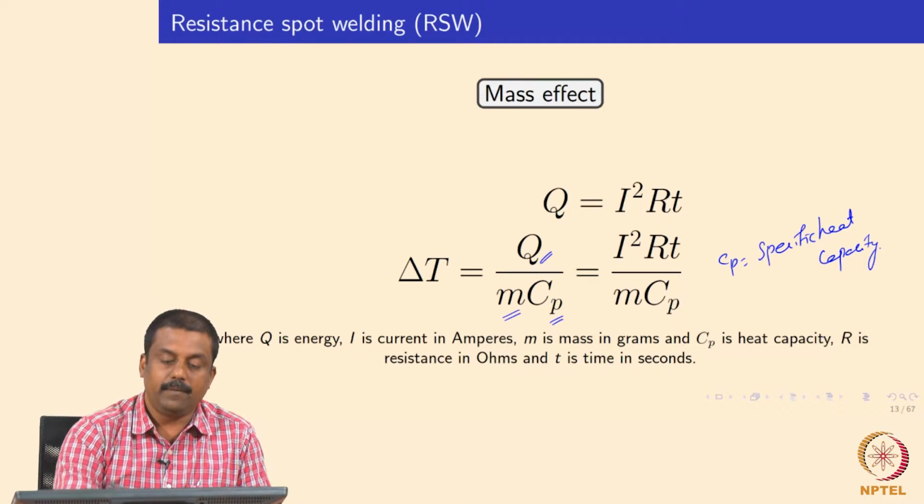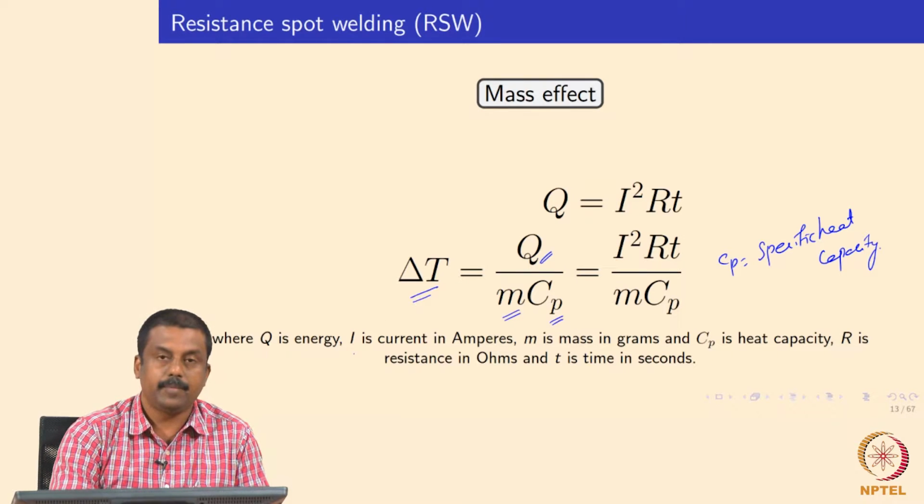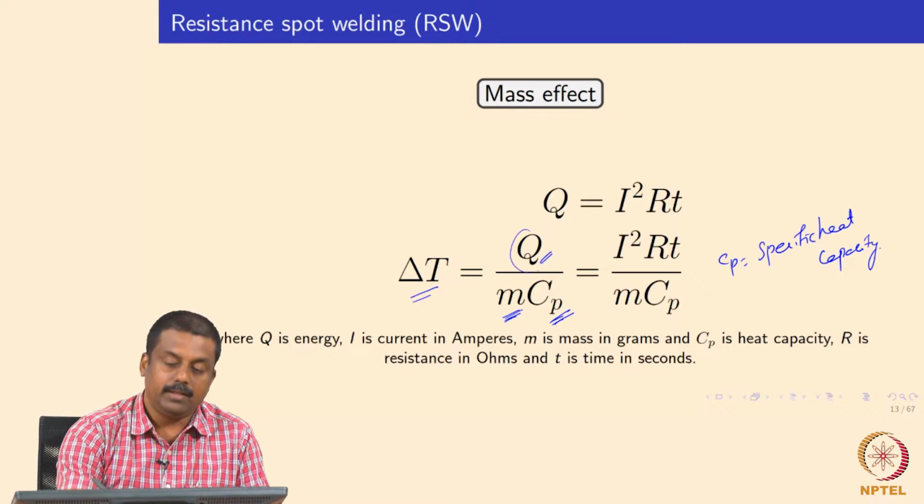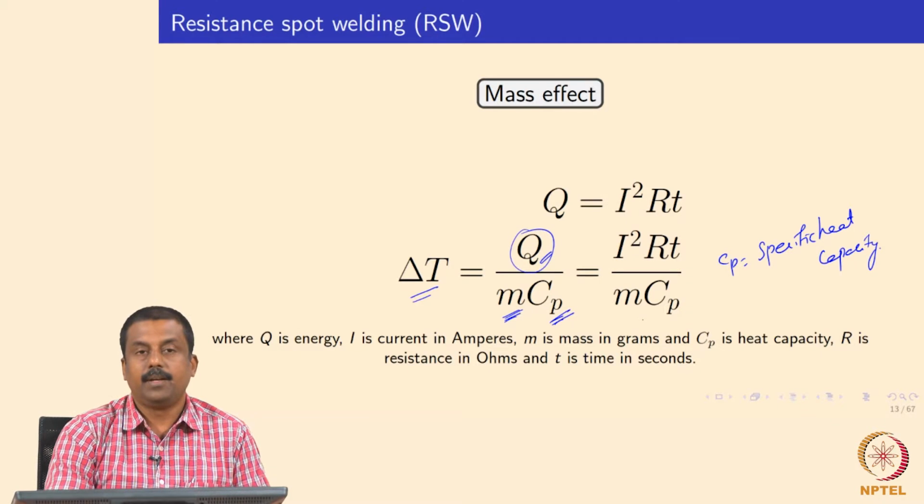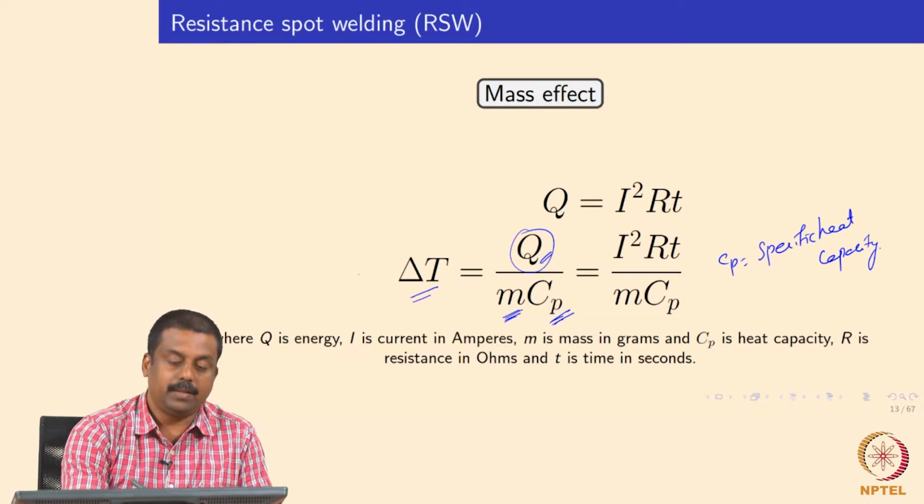Suppose you want to increase the temperature by delta T for a given mass of material M with a specific heat capacity of Cp. Q is the heat you need to raise the temperature, for example, from 30 to 1500 degrees centigrade.